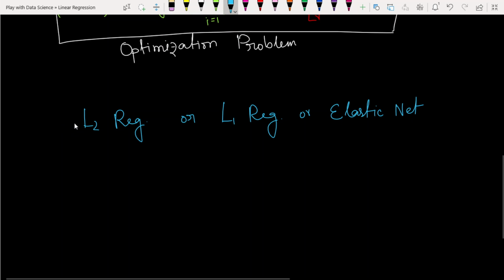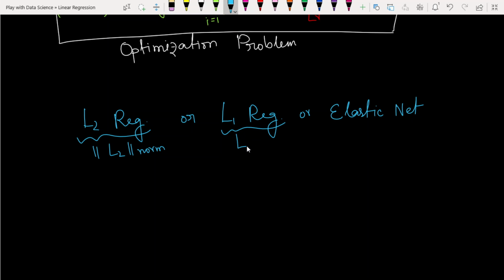For L1 regularizer we use lambda 1. If we use the L1 norm we call it the L1 regularizer, if we use the L2 norm we call it the L2 regularizer, and for both we call it elastic net.